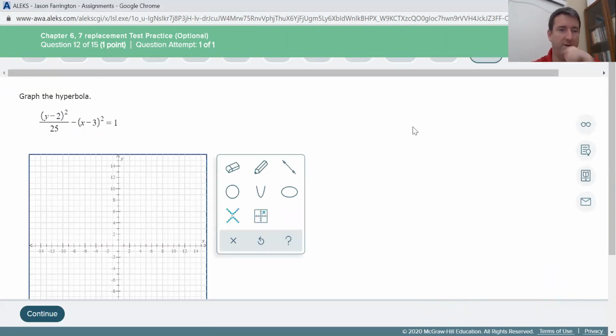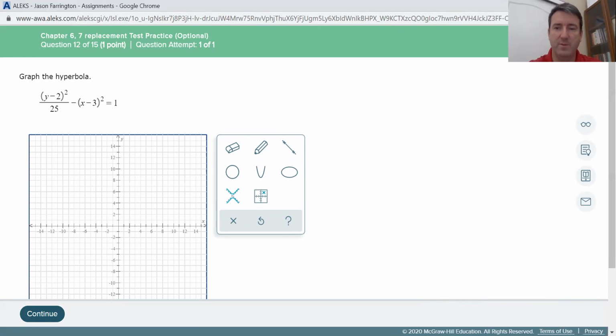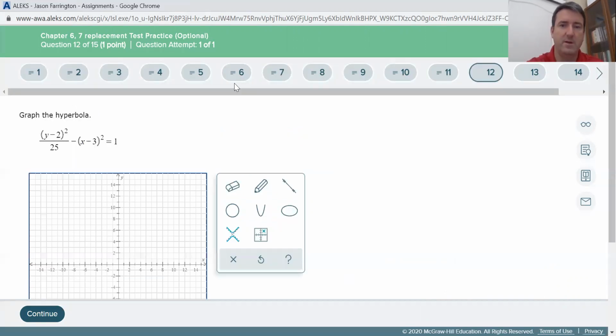All right, now graph the hyperbola. So to graph this hyperbola, the y is first. So with a hyperbola, if the y is first, then we know it's going to look like this. And we know that the center of this hyperbola is going to be at 3, 2.